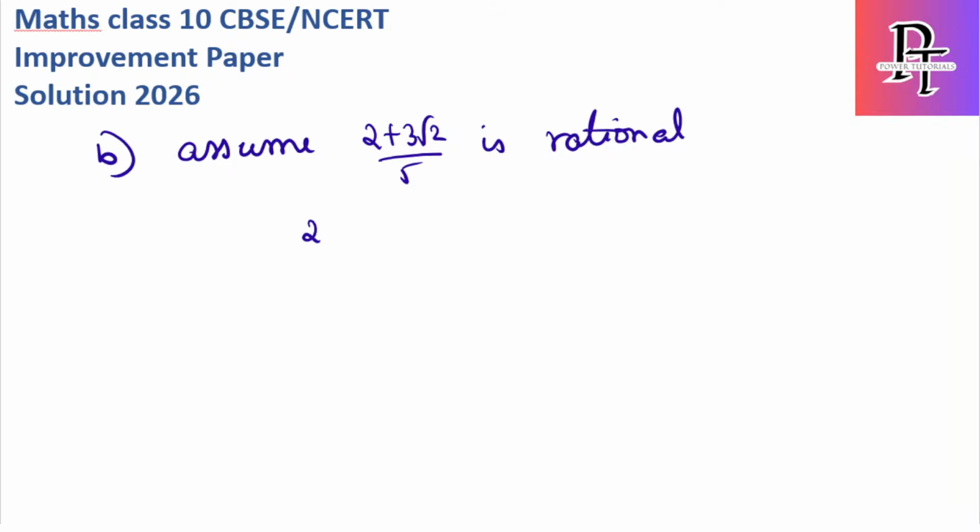So I can write it in p by q form. Then 2 plus 3 root 2 becomes 5p by q.